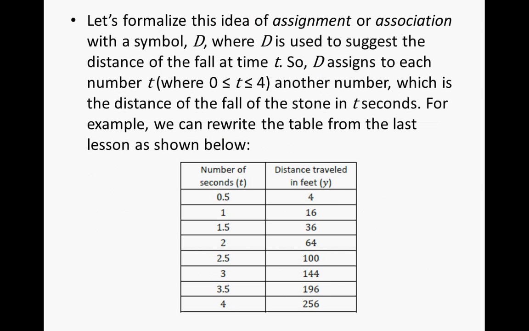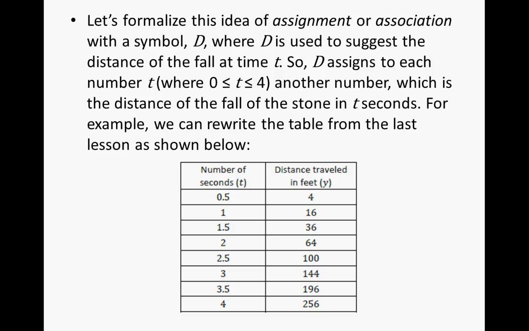So let's formalize this idea of assignment or association with a symbol d, where d is used to suggest the distance of the fall at time t. So d assigns to each number t, where t is greater than or equal to 0 and less than or equal to 4, another number which is the distance of the fall of the stone in t seconds.